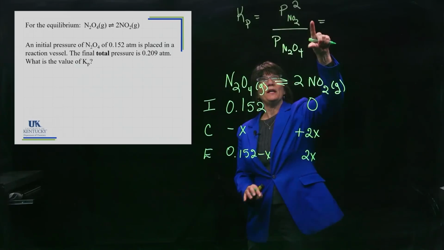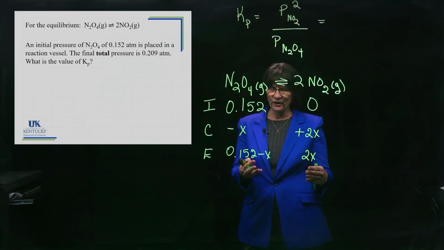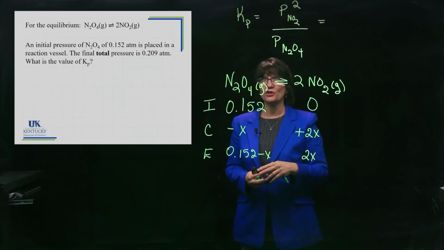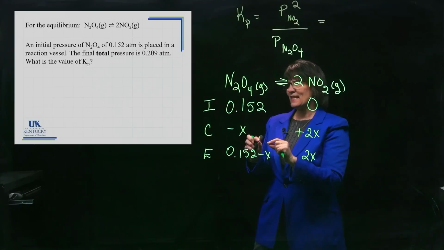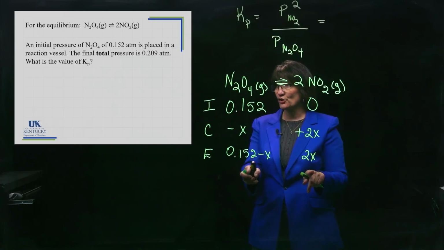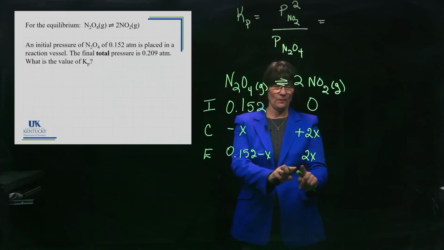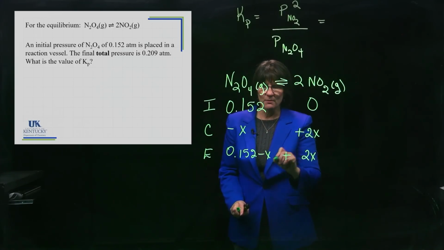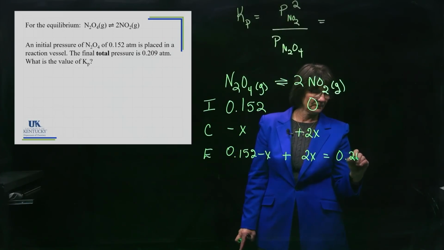Now if I put this up here in my equilibrium, I'm not going to get a value for Kp because I have this variable in there. Somehow I need to get rid of this variable so I can plug numbers into my expression to obtain a Kp. So I look again at what's given to me. It says that when equilibrium is reached, the final total pressure is 0.209. Well, here is the pressure at equilibrium of N2O4. This is the pressure at equilibrium of NO2. The total would be the sum of those two things, and that has to equal 0.209.